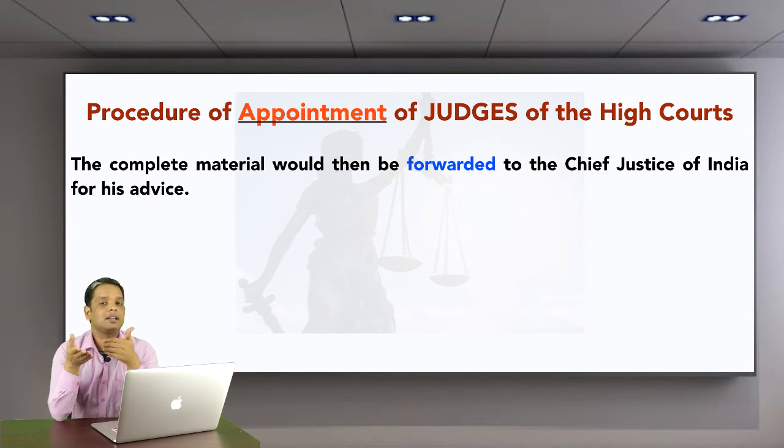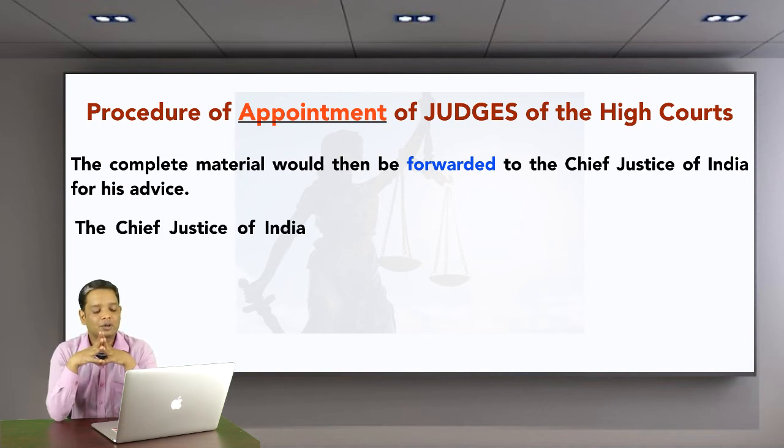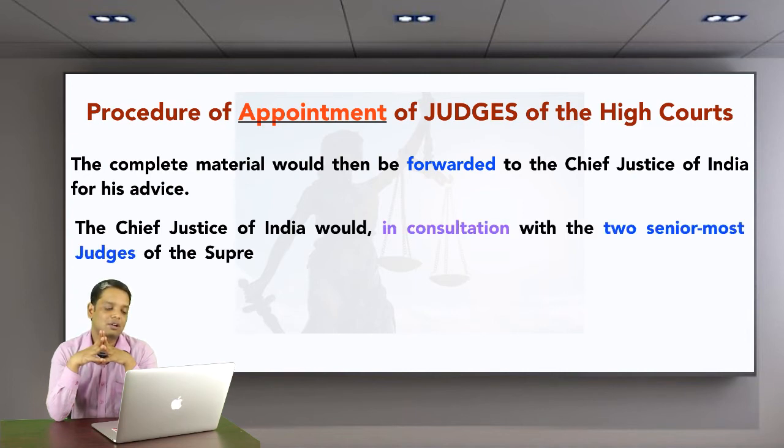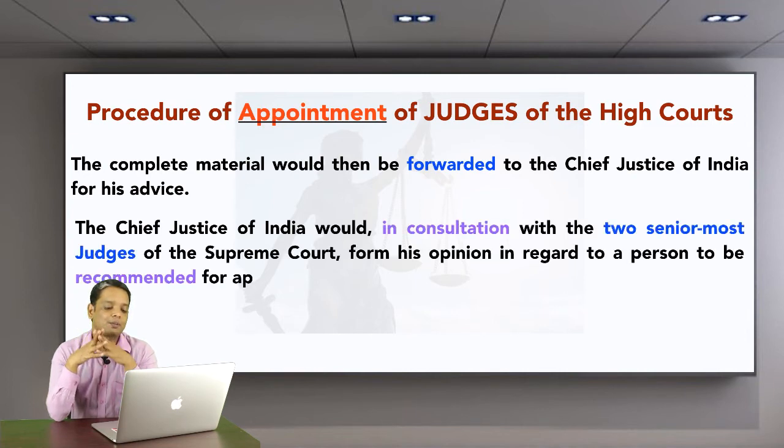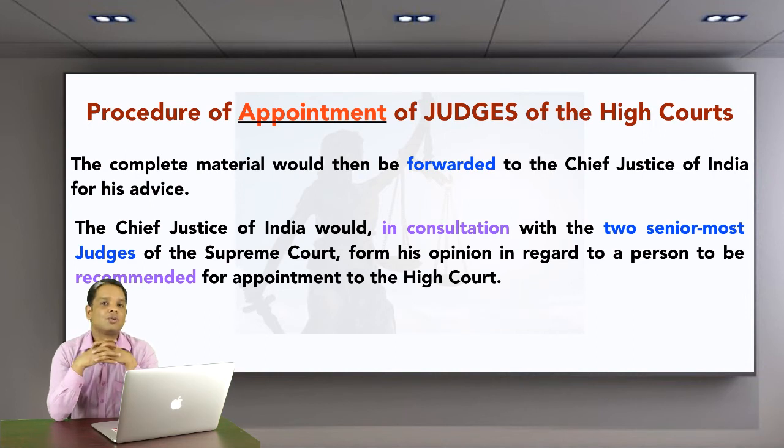So, after the Law Ministry, this recommendation will be sent to the Chief Justice of India. Then the Chief Justice of India would, in consultation with the two senior-most judges of the Supreme Court, form his opinion in regard to a person to be recommended for appointment to the High Court. So, once the Chief Justice of India receives the recommendation, he will consult two judges of the Supreme Court and then decide.